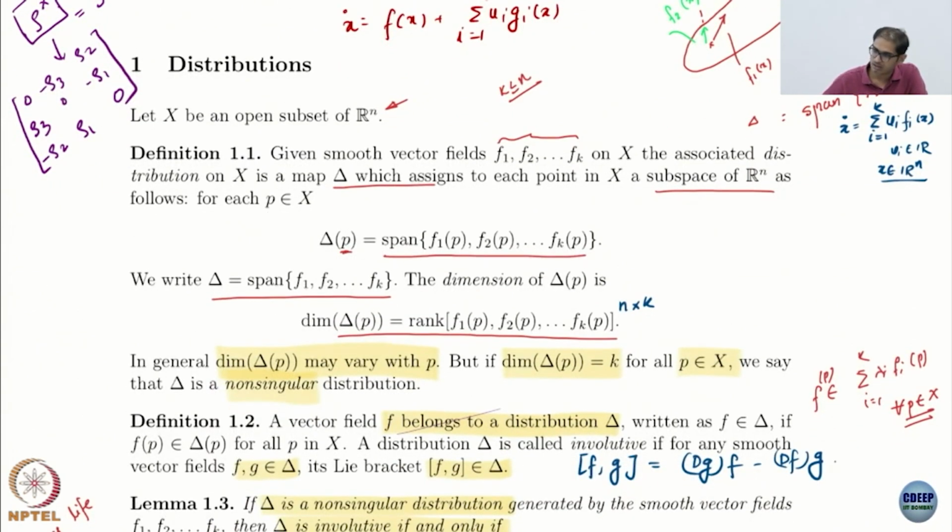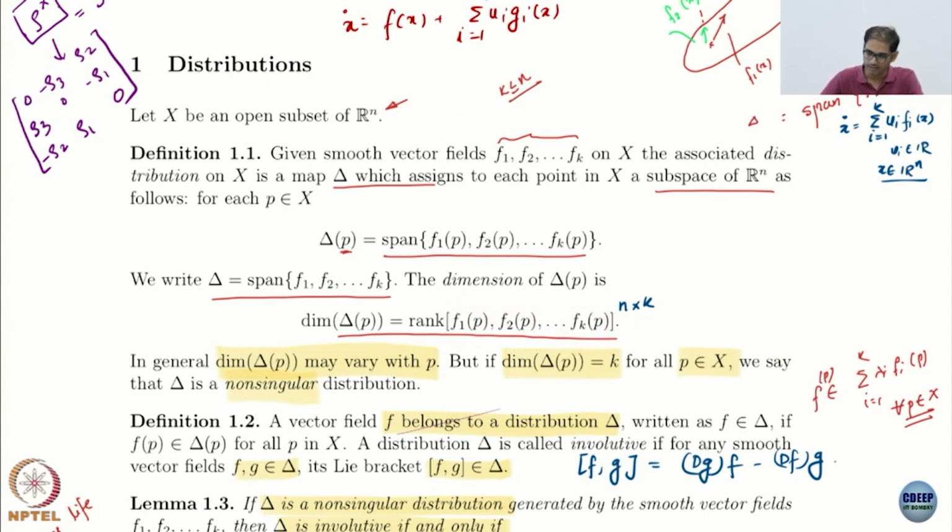Just take the rank. But you can see that the dimension depends on p, because I plugged in a point p. The way we've been doing dimensions, you take the vector span and then you take the rank of that. Each of these depends on point p, therefore the rank also depends on the point p.